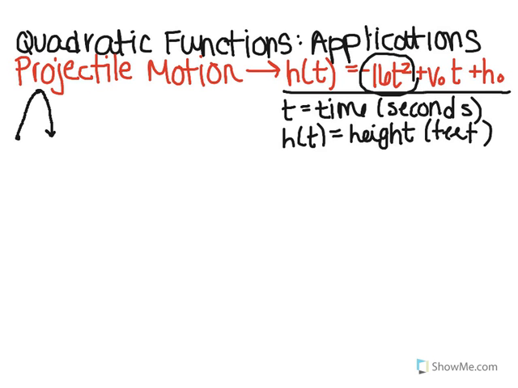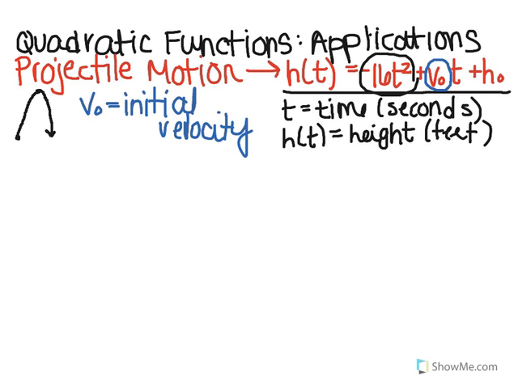So the v naught, or the v sub 0, is the initial velocity. And the h naught, or h sub 0, is the initial height of the object.